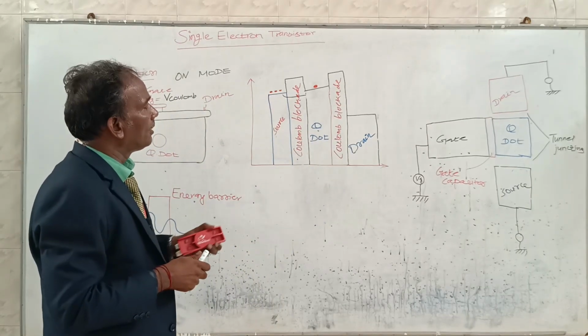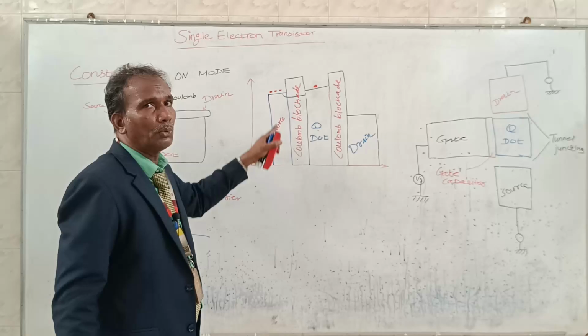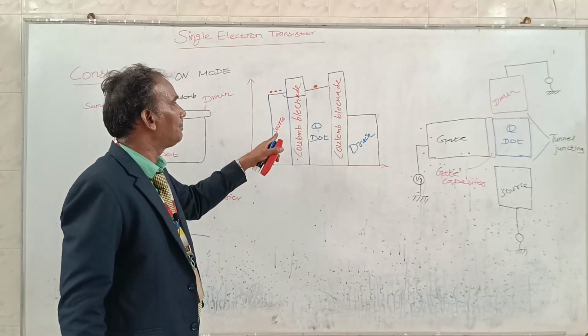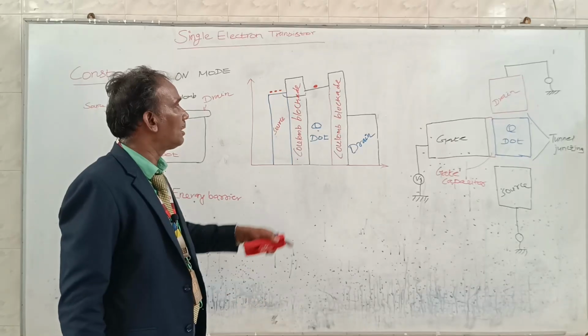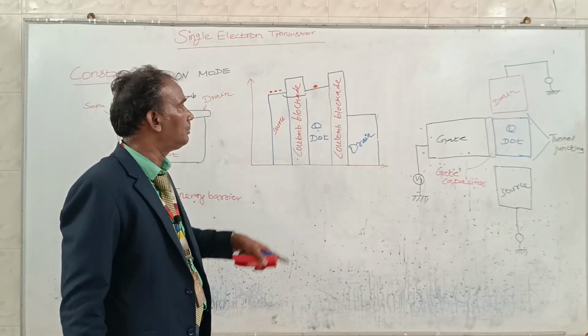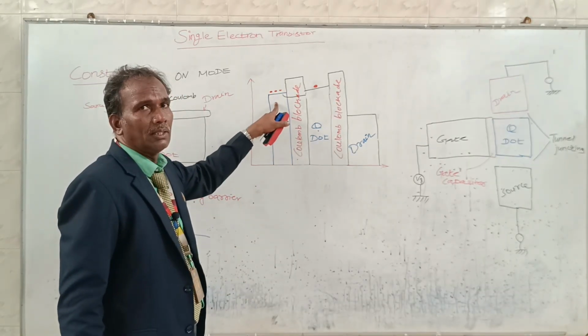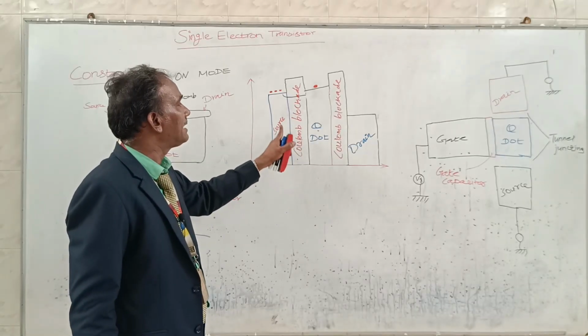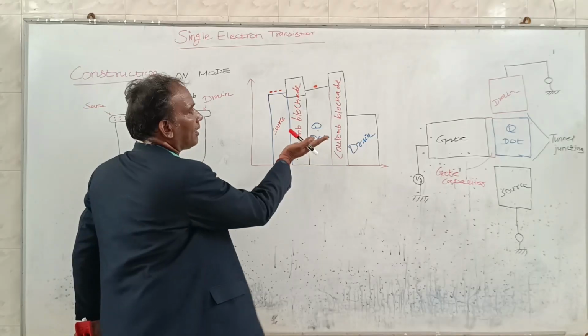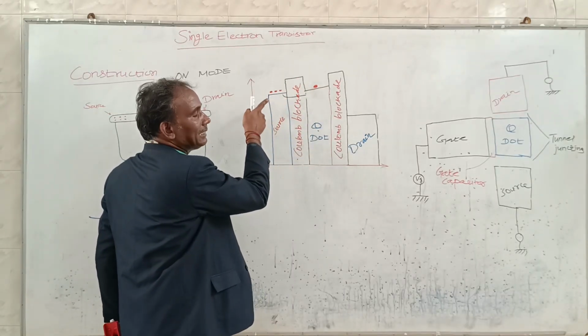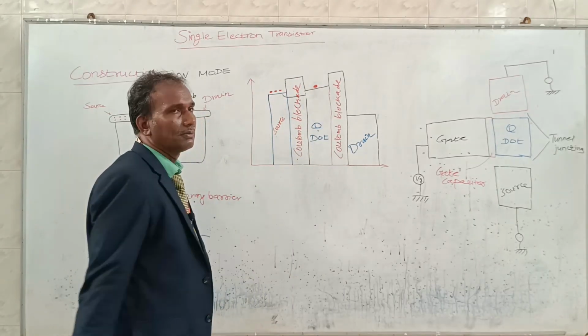So, as we discussed earlier, before the electron reached the quantum dot from the source, the energy level of the quantum dot was a little lower compared to the source. But once the electron reaches the quantum dot from the source, the energy level of the quantum dot rises equal to the energy level of the source.